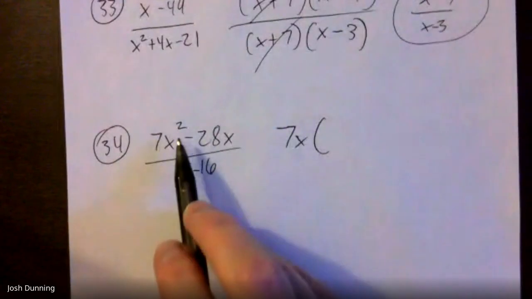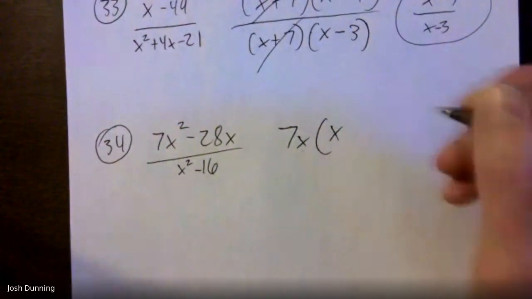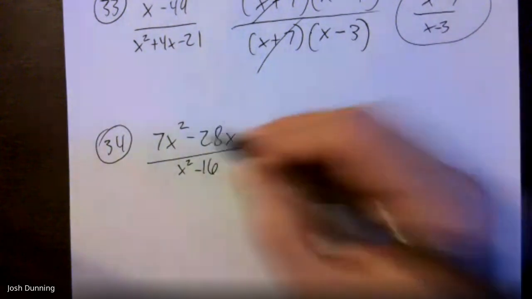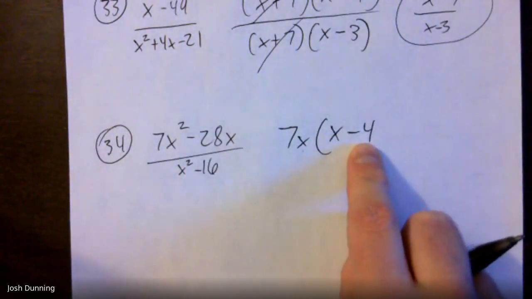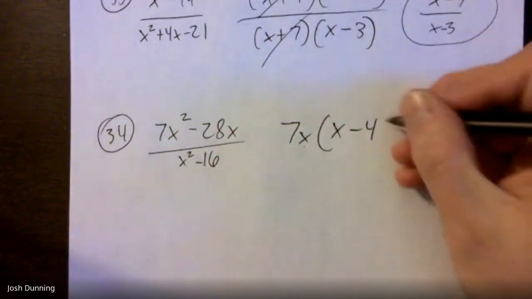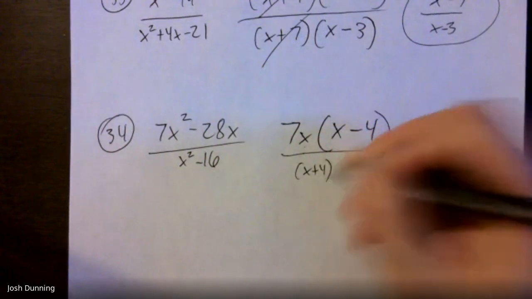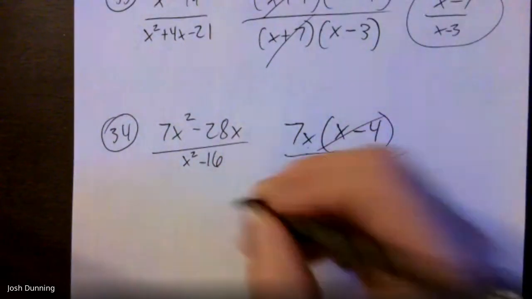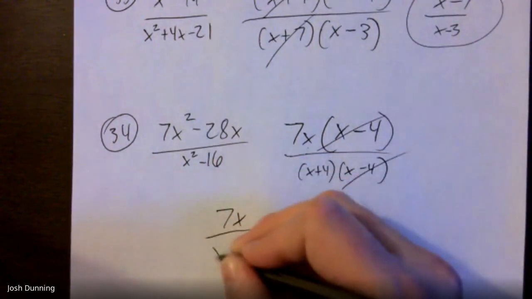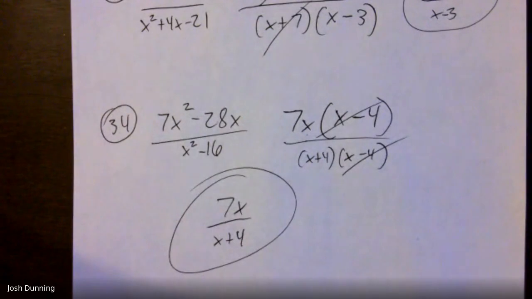I don't need to write it, because I got x squared divided by x leaves me with x. 28 divided by 7 is 4. Copy the minus sign. And then x's are gone. Bottom's dots, x plus 4, x minus 4. They cancel. 7 over x plus 4. And there we go.